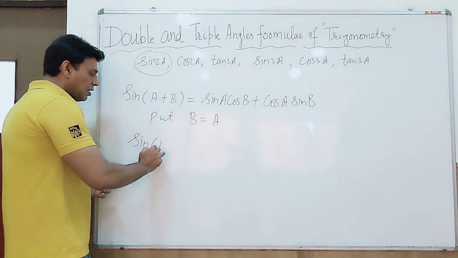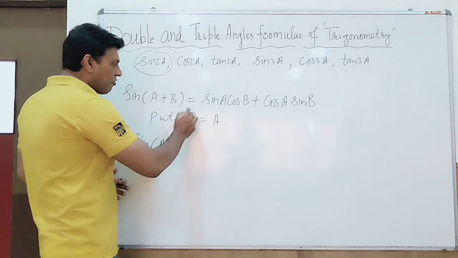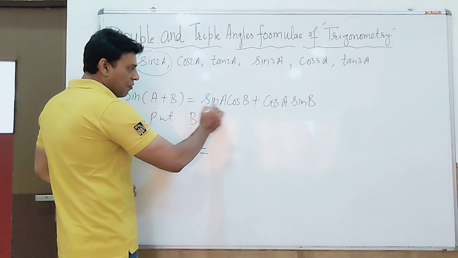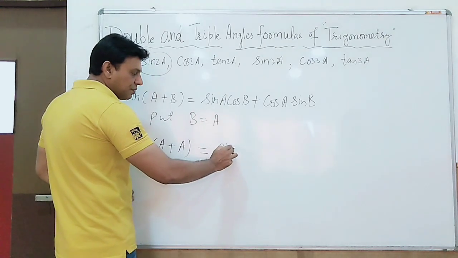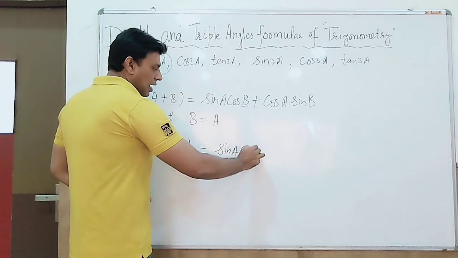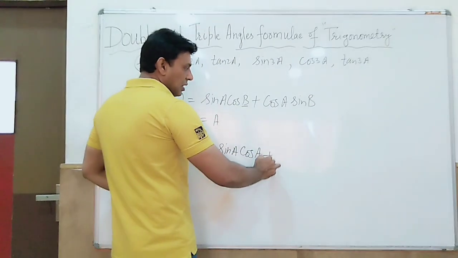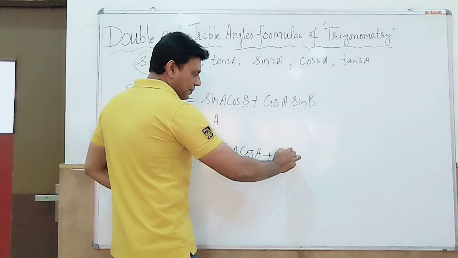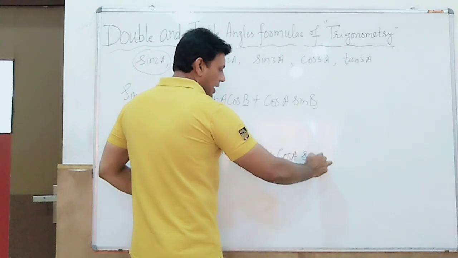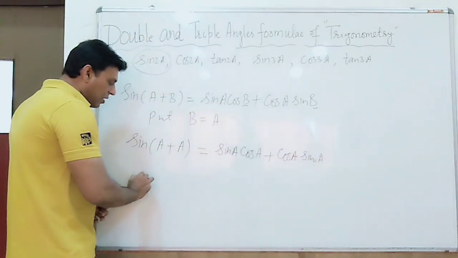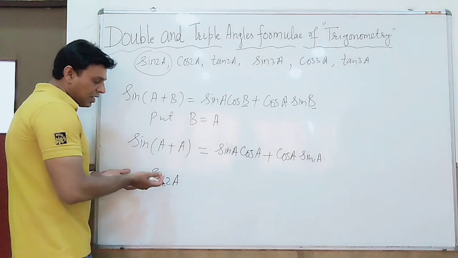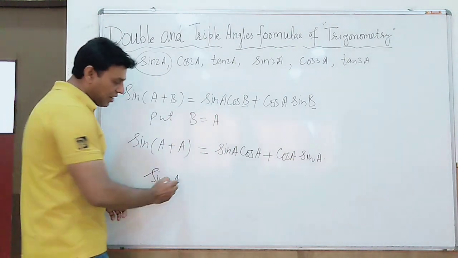Sine A, and in place of B I am putting again A. Then we have sine A, cos, in place of B I am putting A, then we have cos A, then sine, and in place of B, A. So on the left hand side you have A plus A, sine 2A. This is what we have to make, sine 2A.